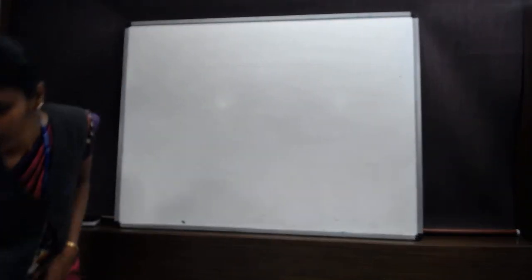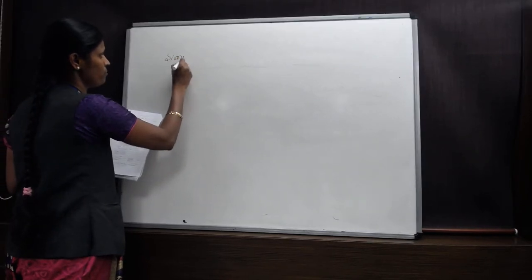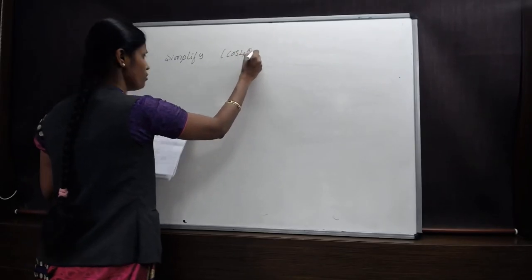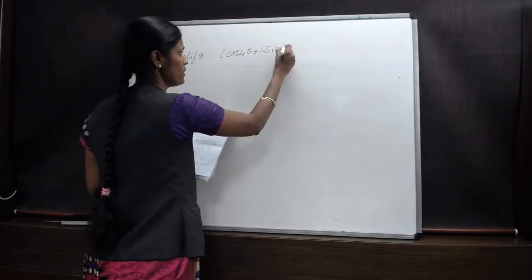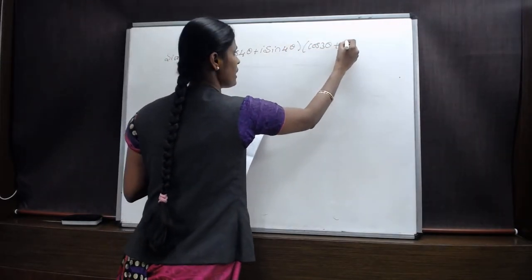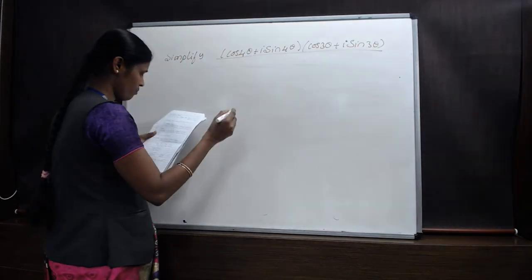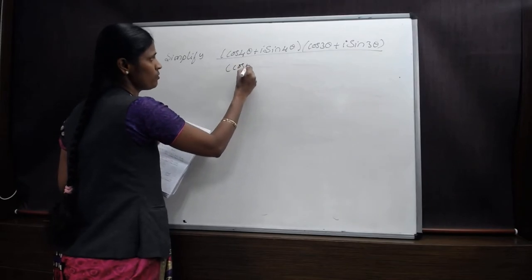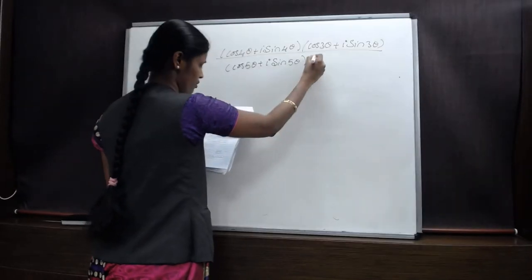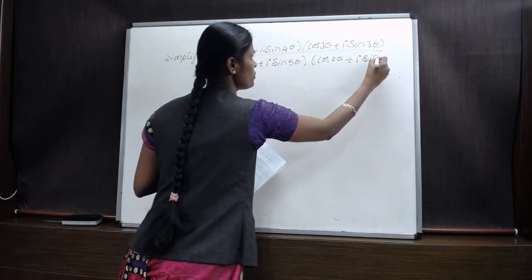That is, simplify (cos 4 theta plus i sin 4 theta) into (cos 3 theta plus i sin 3 theta) divided by (cos 5 theta plus i sin 5 theta) into (cos 2 theta plus i sin 2 theta).